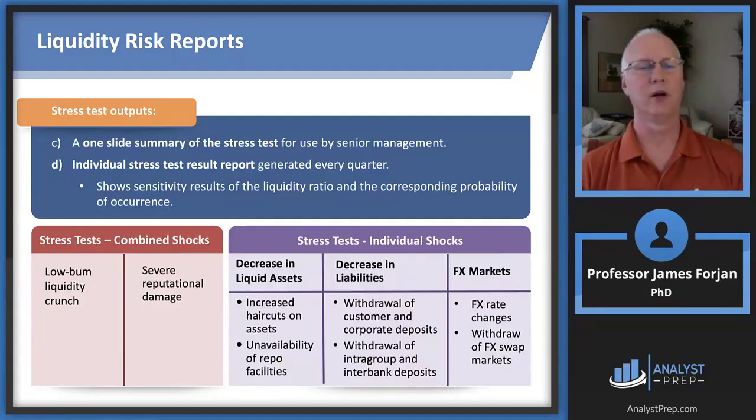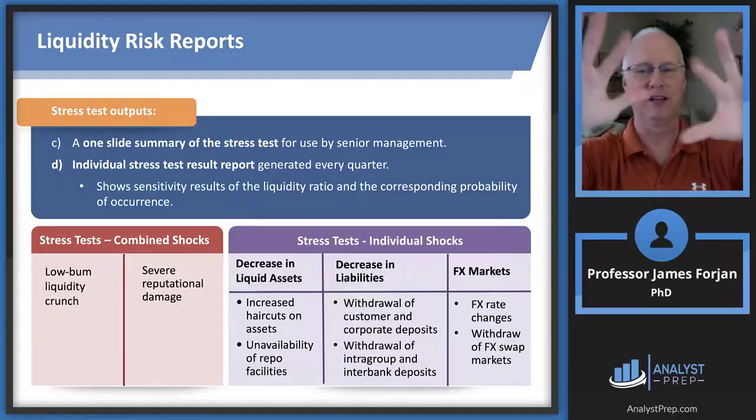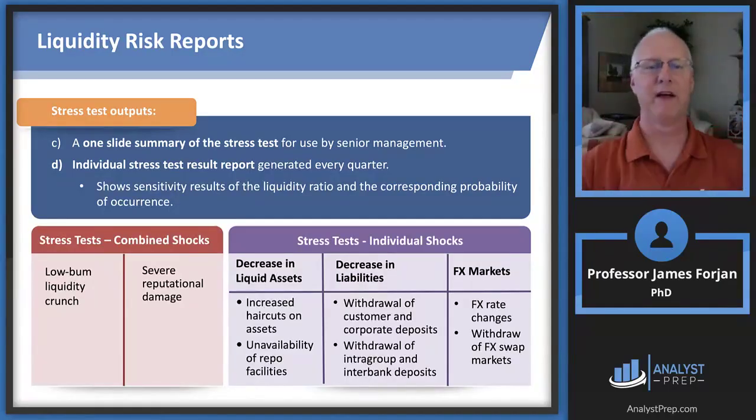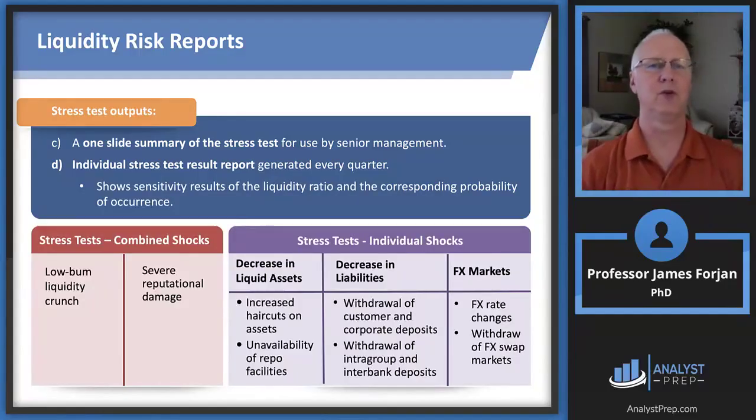We're going to do this every quarter, and of course it's going to show sensitivity. So we've got the stress tests of a combined shock. How does it affect the entire liquidity position? And then how does it affect each individual business unit?